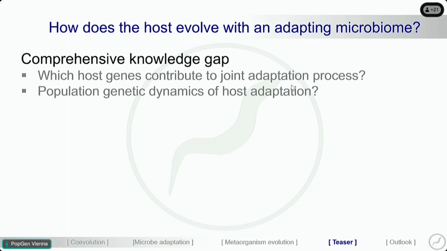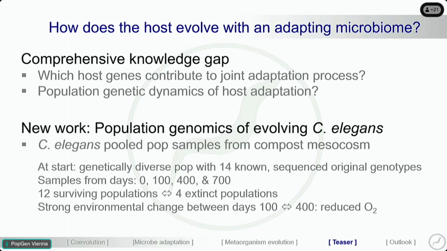And I think we do actually have a very nice situation to at least start an exploration of these processes and also an exploration of the possible underlying molecular mechanisms. So this is something we now initiated, a population genomic analysis of evolving C. elegans.